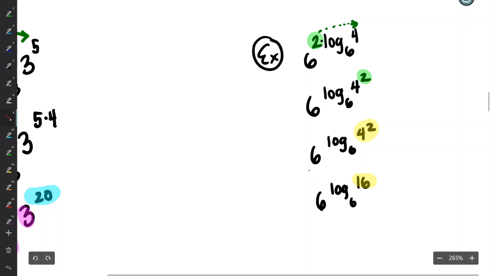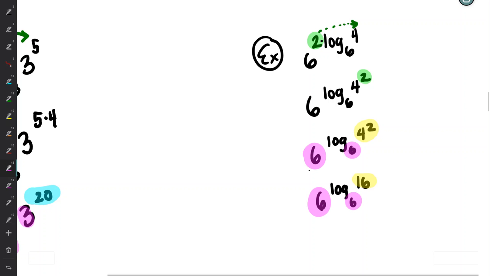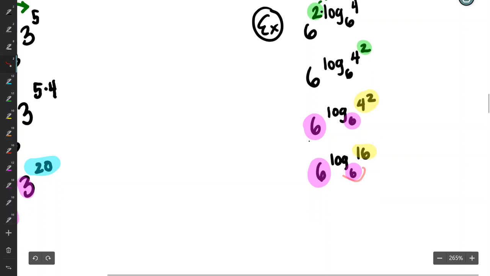And now we do have a perfect power of the base, right? 6 to the log base 6 of 4 squared is 6 to the log base 6 of what's 4 squared? It's 16. Oh yeah, 6 to the input and log base 6 of input do and undo each other. Answer here is 16.